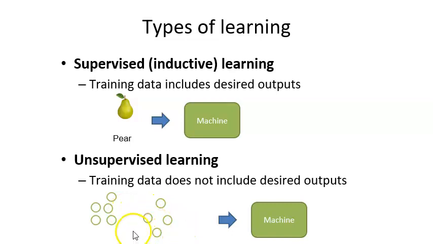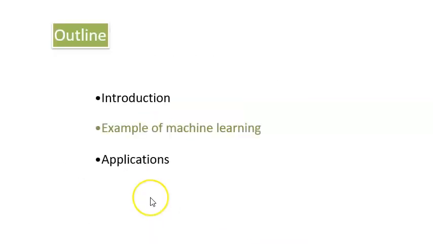We provide the data but do not tell the machine these are pears. It can be apple, pear, or oranges. The machine will learn by itself to distinguish pear from other fruits. Obviously, unsupervised learning is a more advanced AI technique. All right, we have some basic introduction, and then we can move on to some examples of machine learning.